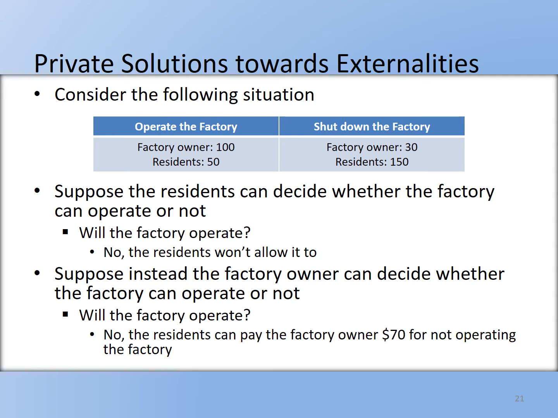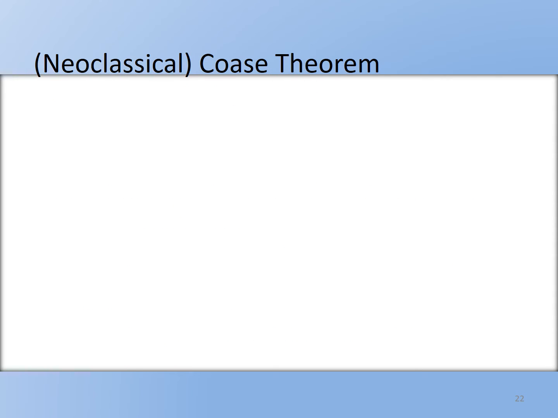Students from the A-level curriculum would be very familiar with these notions about rights, about who gets to decide what to do with things. The interesting point being raised is that it doesn't matter who has the right, as long as they can negotiate, the efficient outcome will occur.